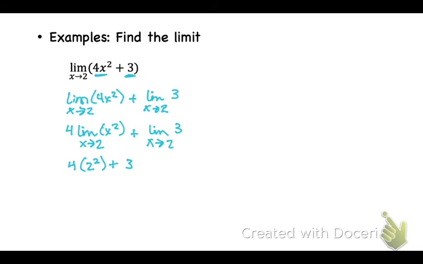Okay, so 2 squared is 4. 4 times 4 is 16. 16 plus 3 is 19. That's it. Now do you see why I said, well, maybe you want to write them down, maybe you don't? Just broke it up, didn't we? Questions?